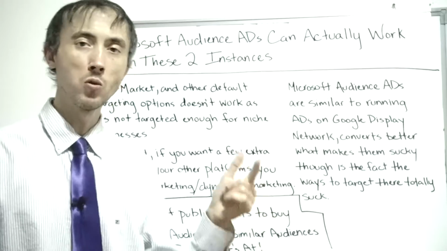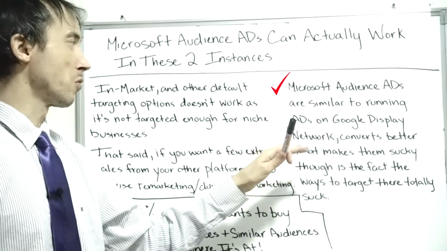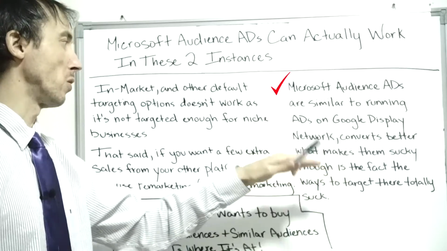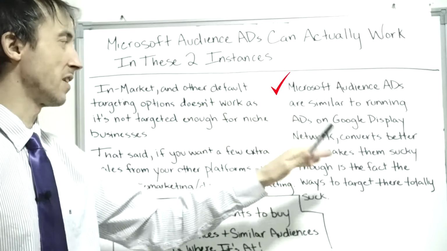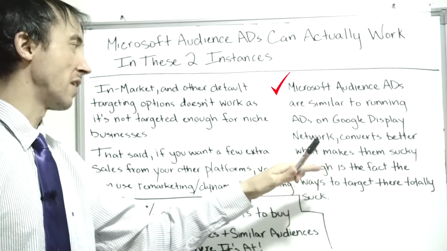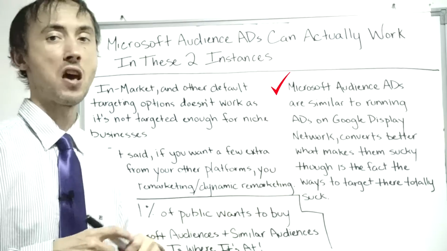The difference between the two, Google and Bing, is the Bing Audience Network generally converts considerably better than Google Display Network, which makes it actually kind of better just to go there in general.